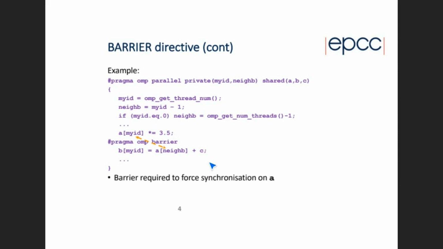So in OpenMP, we tend to use barriers to do this, and it can be somewhat overkill in the sense that we end up waiting for threads that we really didn't need to wait for. But that's part of the design of OpenMP, and in some sense we have to just live with that.